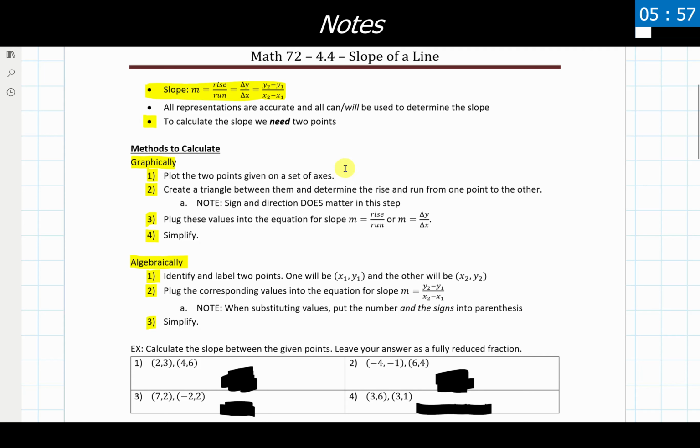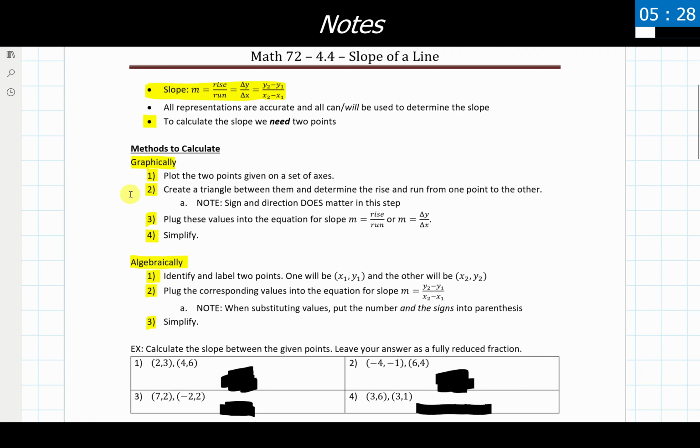Sometimes we're given a graph in its entirety or with a whole bunch of points on there. It is at that point your choice which 2 points you would like to use on that graph. I'm taking this process from the example of if you're given points and you need to solve graphically. Very similar if you were given a graph, you would just pick 2 points on there all the same.